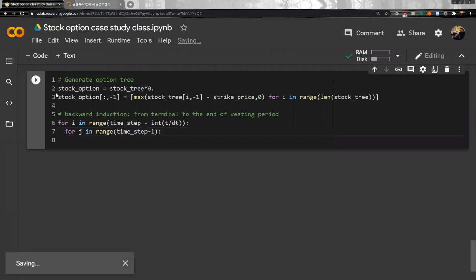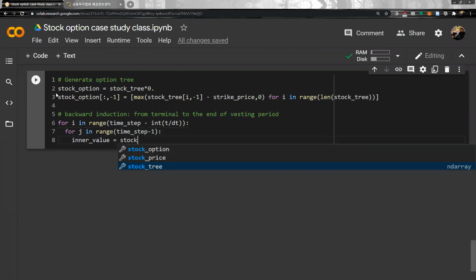Okay. So first, this is American option, so option can be exercised anytime. So we have to calculate the inner value, which is the value of the option if it is exercised right away.